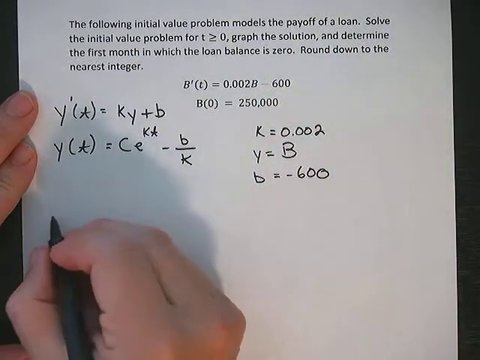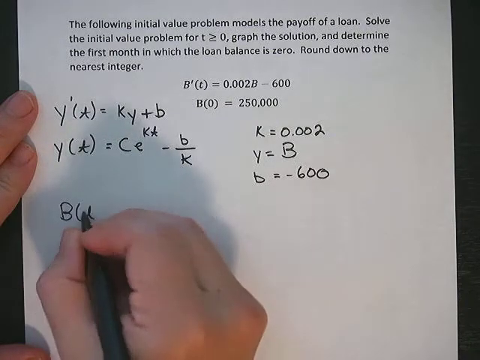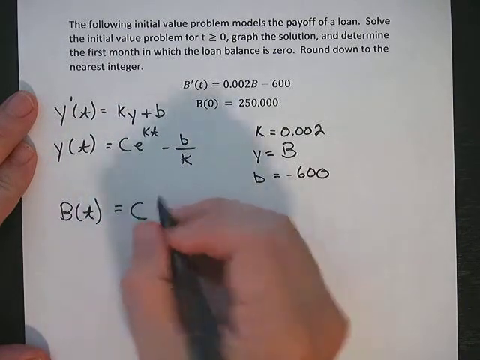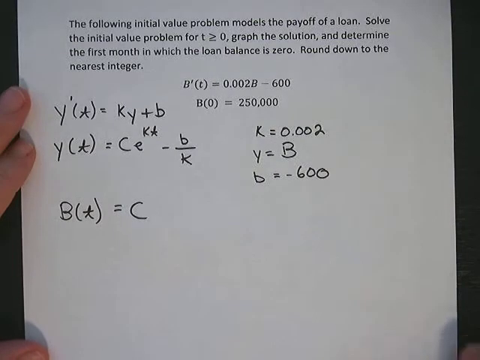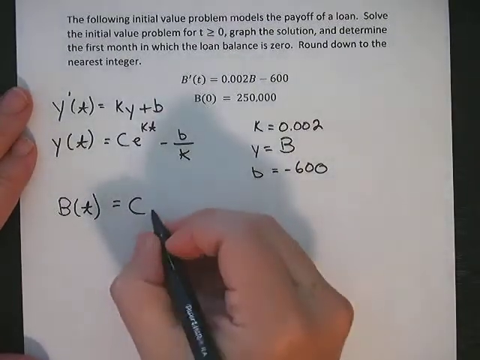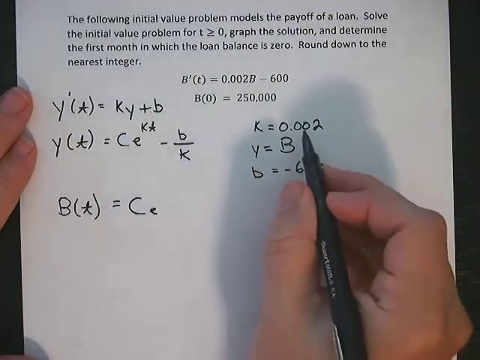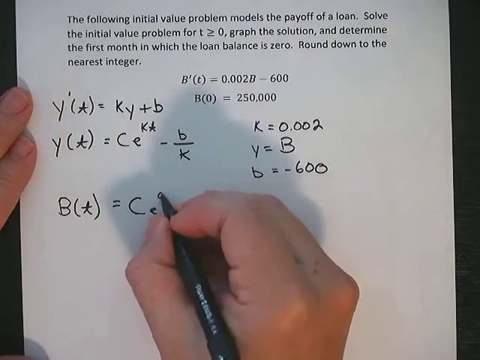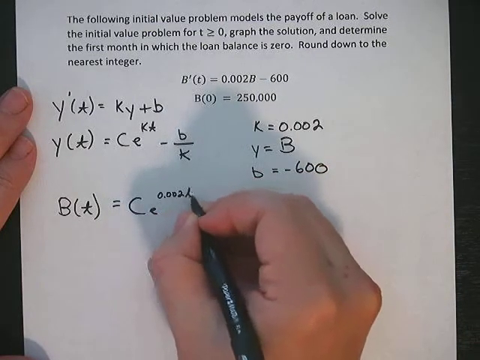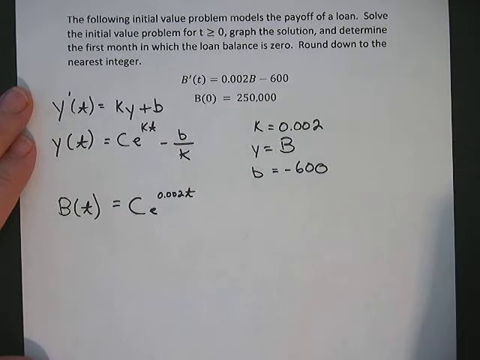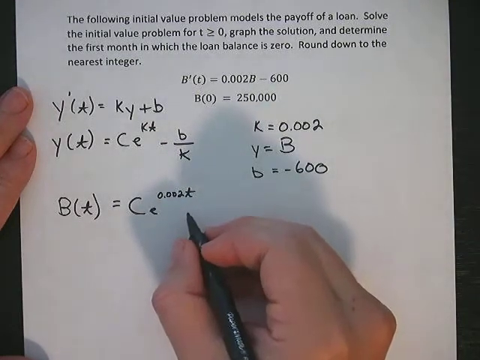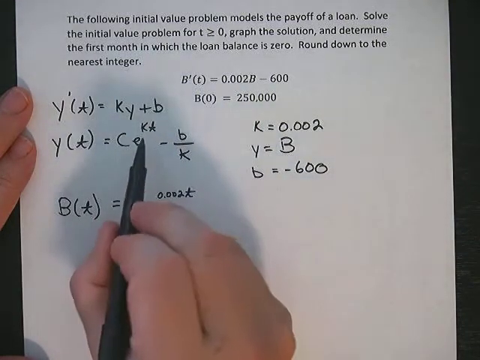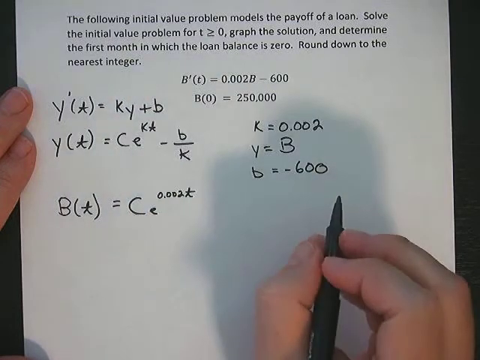Okay, given that, we can say that y of t is equal to c. Now c is going to be your constant, we'll have to figure that out ourselves, times e to the kt, so kt would be 0.002t, and then it says minus b over k.